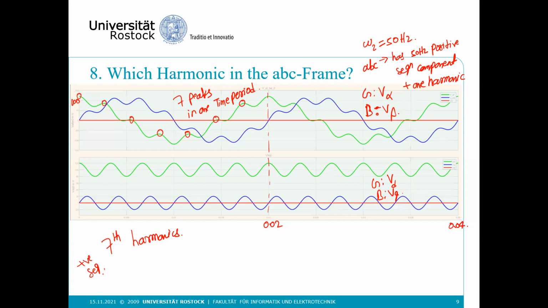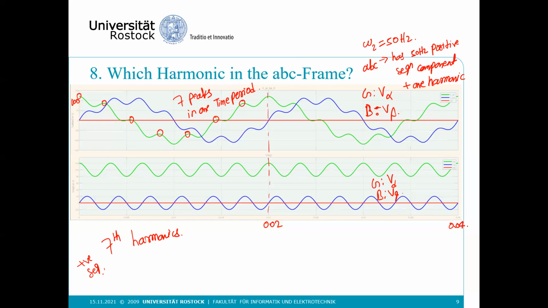So it is with respect to time, and if it's a 7th order harmonic, it will go negative 7 times in one fundamental with respect to time. Can you imagine? Whatever frequency it is, whether negative or positive, if it's a 7th order harmonic, it will have 7 peaks in one fundamental period.